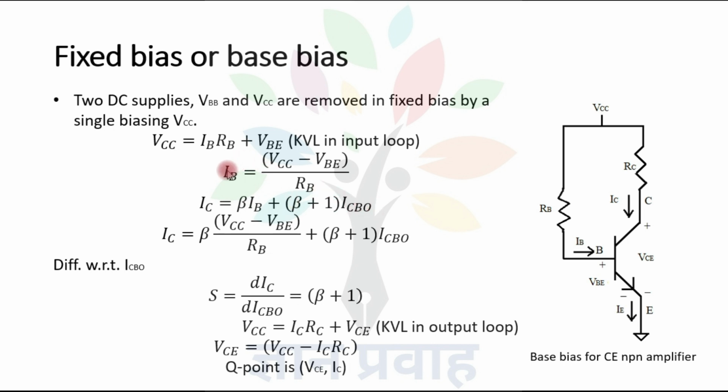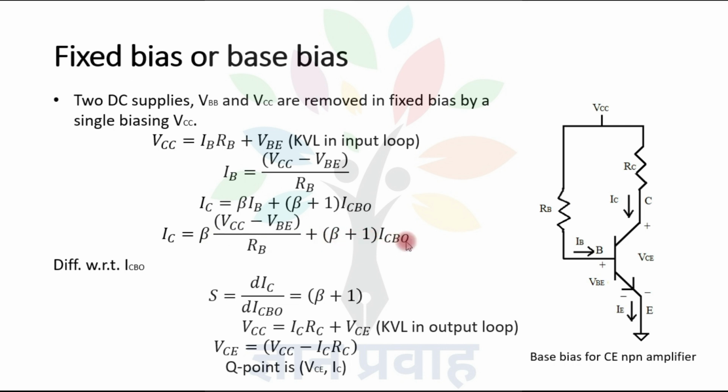Putting the value of IB in this expression, IC equals beta (VCC minus VBE) upon RB plus (1 plus beta) ICBO.